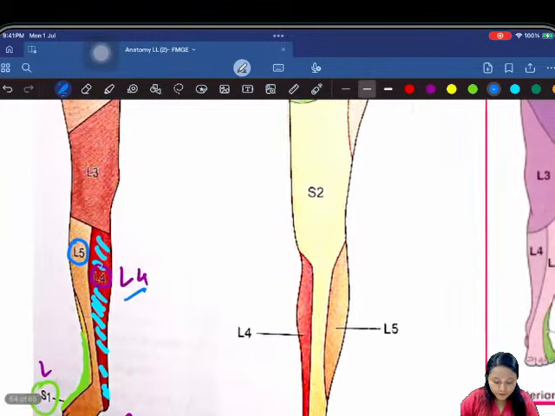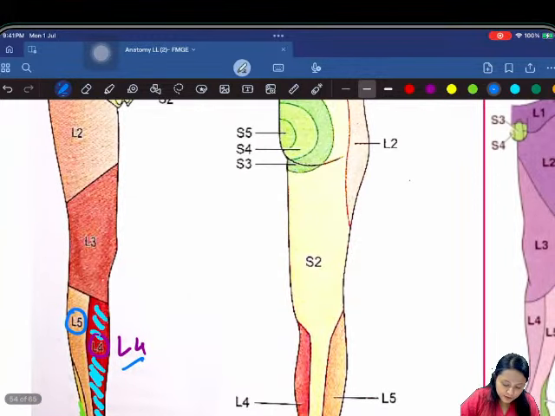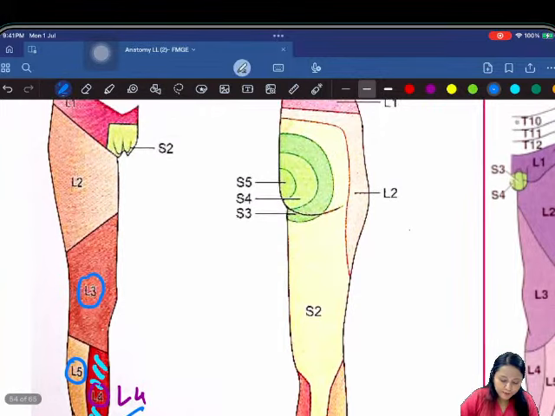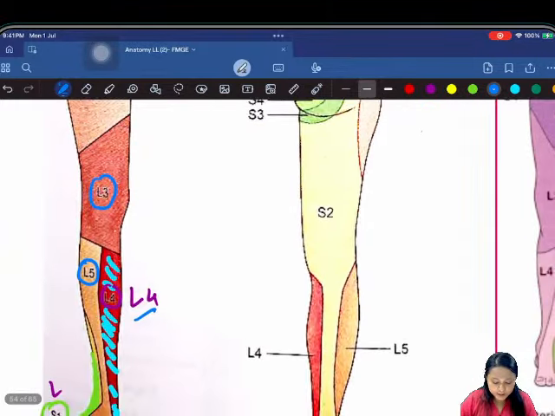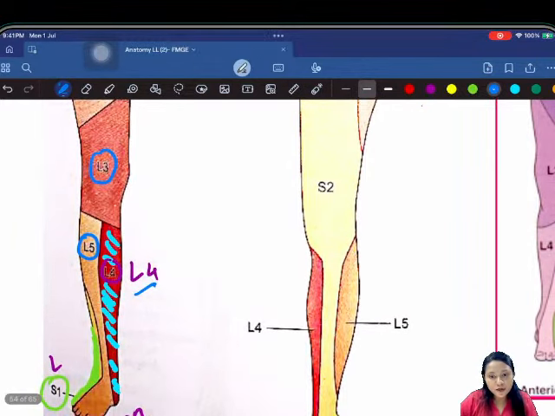And above the knee you have L3. और थाई में रहेगा L2, एकदम ऊपर में L1, towards the groin you will have S2. ठीक है, तो L1, L2, L3 हो गया थाई में. नी के नीचे from the medial to lateral you have L4, L5 and S1.